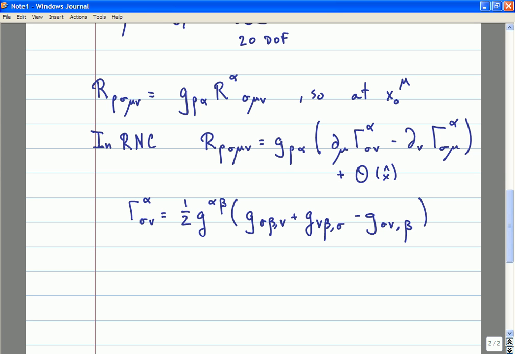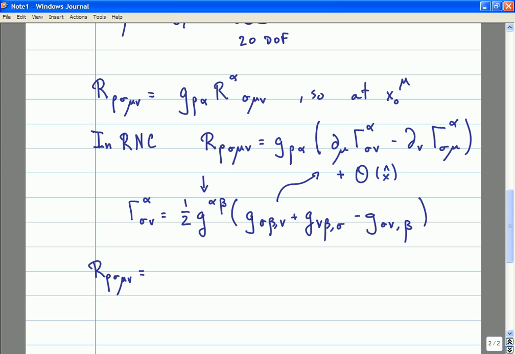Now, let's imagine plugging this expression into this formula here, where I'm computing the Riemann curvature. The first thing you should notice is that if the derivative were to hit the inverse metric, you would just have something involving derivatives of the inverse metric times derivatives of the metric, which would vanish at the point x naught. So it would vanish up to terms of order x hat that we're neglecting, because we're only evaluating the Riemann tensor at the point where x is equal to 0.